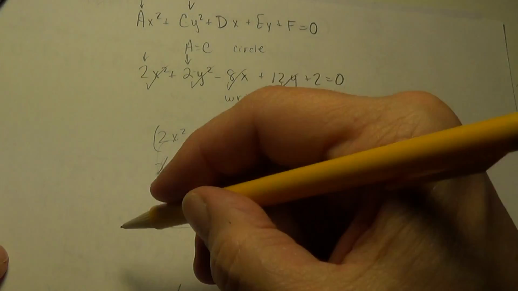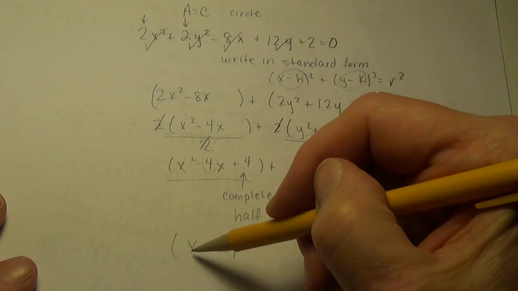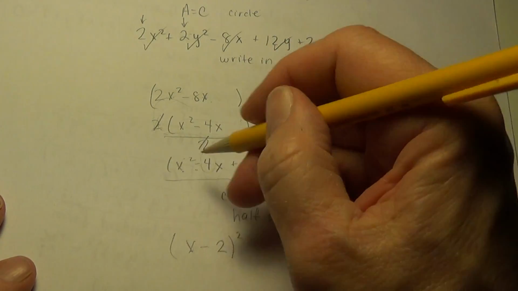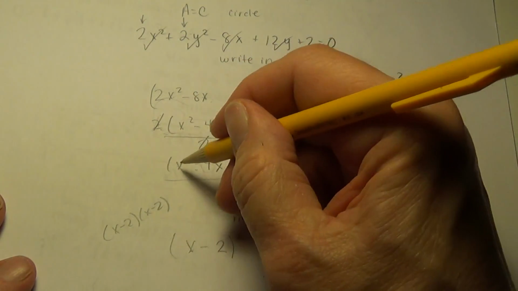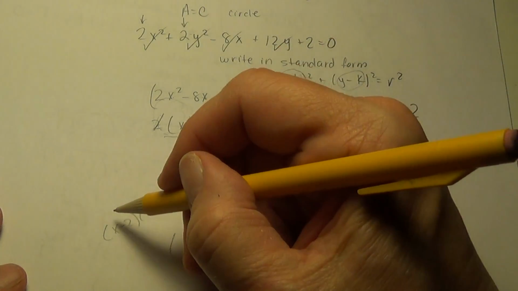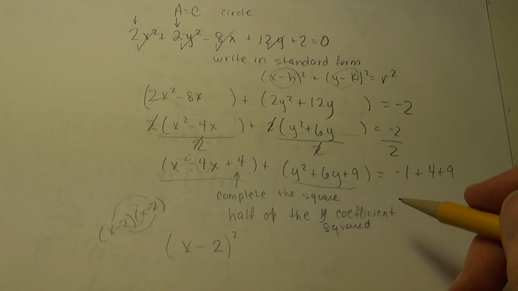And check it out. Is that equal to that? Is x minus 2 times x minus 2 equal to x squared minus 4x plus 4? If you do all the hard labor, you will see that it is.